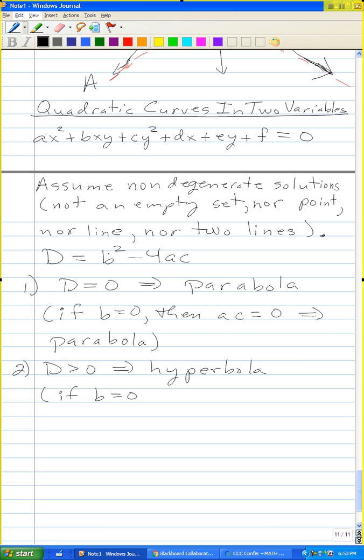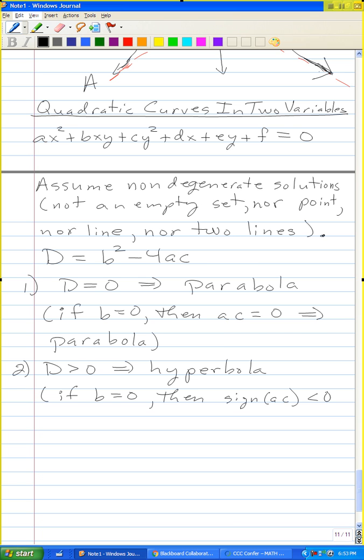Then the minus 4AC has got to be greater than 0, so AC has got to be less than 0.